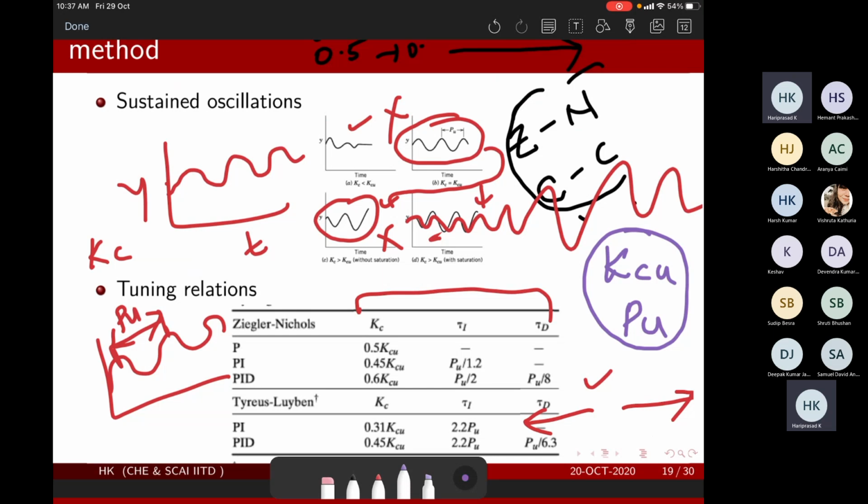So one is unstable, one is highly stable. You may not be able to make the oscillation, or in the other case, when you start doing some experiment, things may run out of your hand.